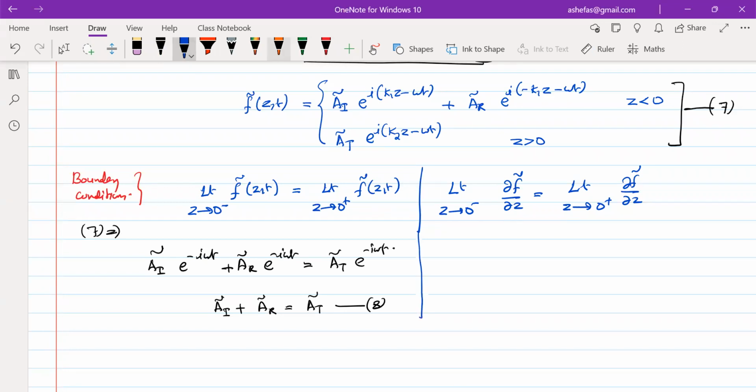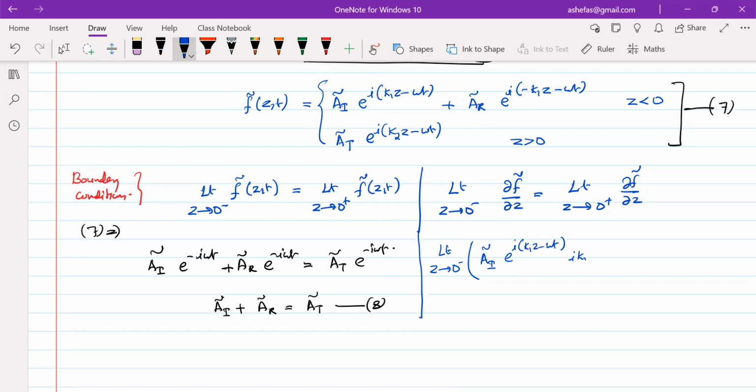Similarly, we can find out the next boundary condition. Okay, so when limit z tends to 0 minus, dou f tilde by dou z. So for that, we have to find out the first derivative with respect to z. So if you find the first derivative with respect to z, it will be ai tilde, we get the same e raised to i k1z minus omega t.